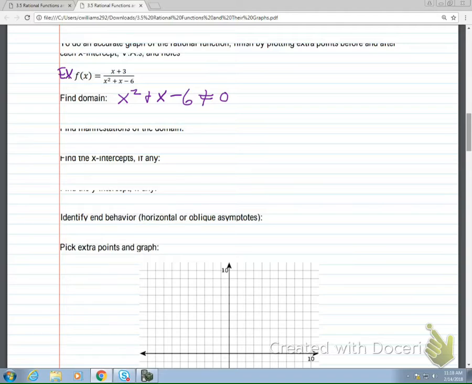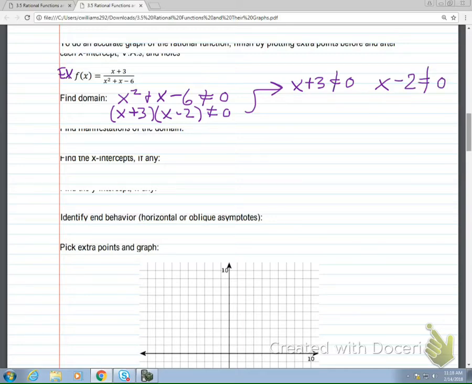Any ideas on how to solve that? Factor it. Yeah, let's try it. Good. x plus 3, x minus 2, right? So now I have a product set equal to 0. That's the zero product property, which is why I'm allowed now to take each piece and set it equal, or in this case, not equal to 0, but it's the same idea.